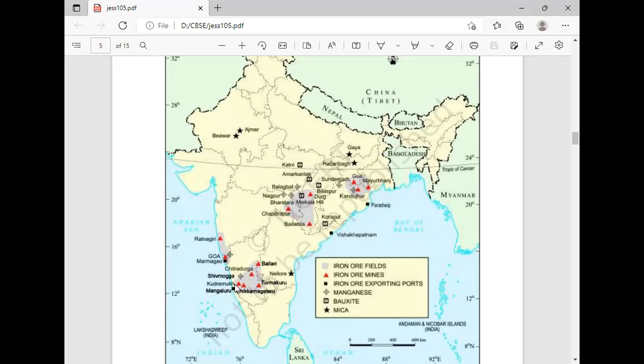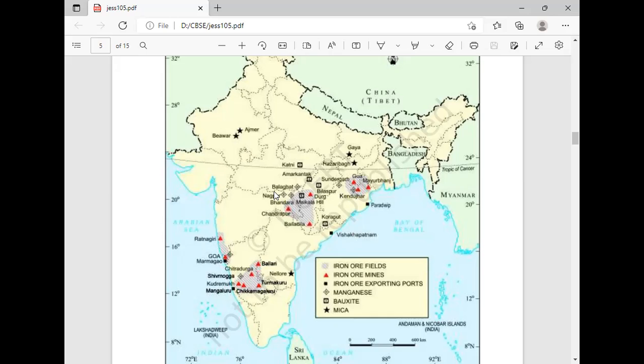And we have Kudurmukh mines. In this belt, we are exporting the ores through which port? Mangalore port. And we have the Goa and Maharashtra belt, Ratnagiri district of Maharashtra, exporting through Mangalore. And you see we also have manganese here, in Kendujhar and Sundargarh in Odisha.